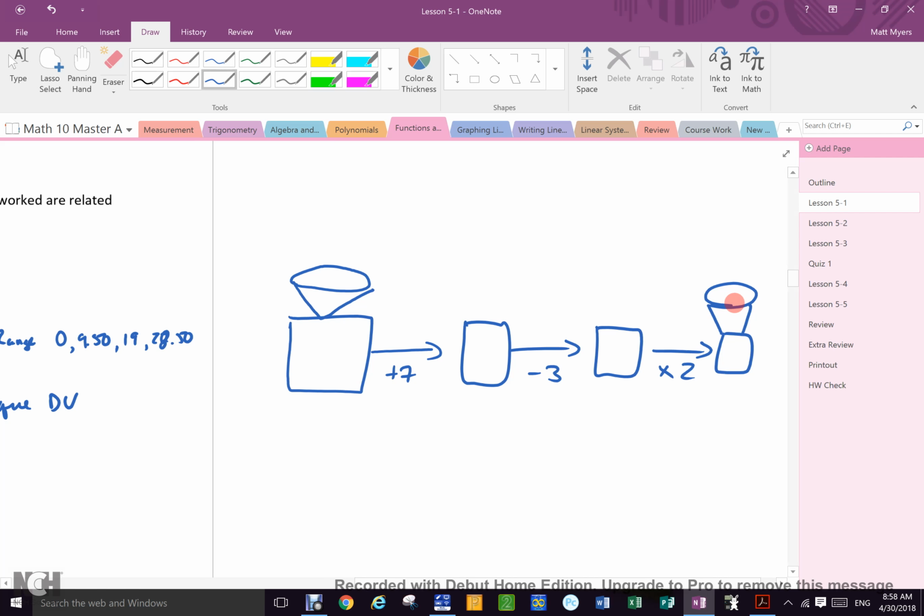They drew it like a machine, and you would drop in a number. 5 would go in, the input, and then we would add 7 to get what? 12. Then we would take away 3 to get what? 9. Then we would multiply by 2 to get what? 18. And that became our output.